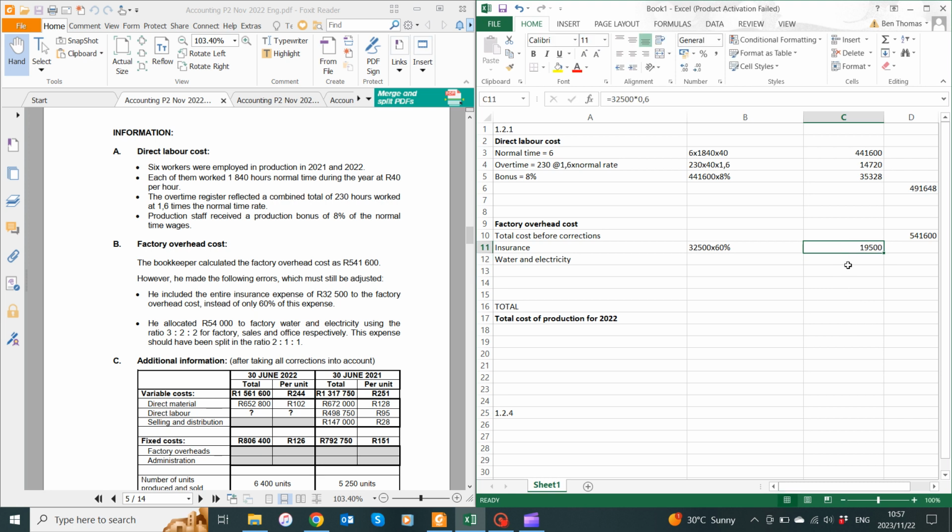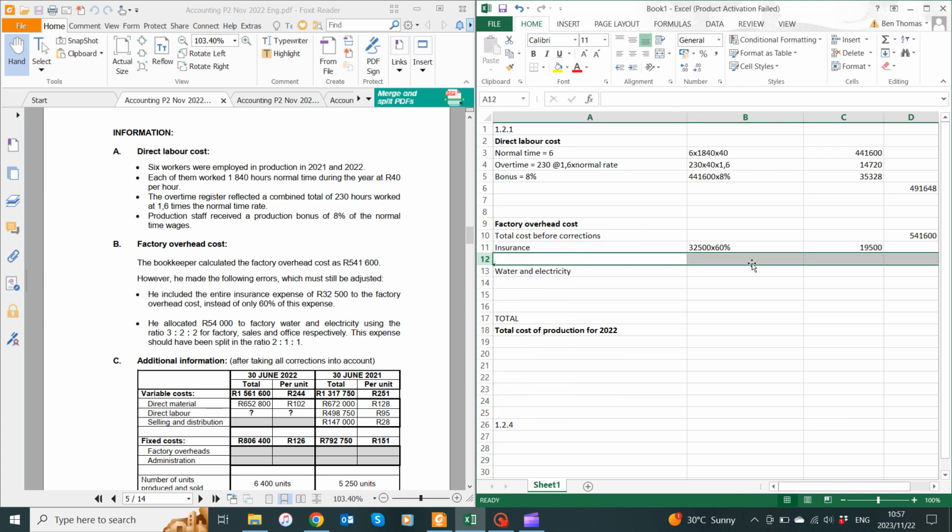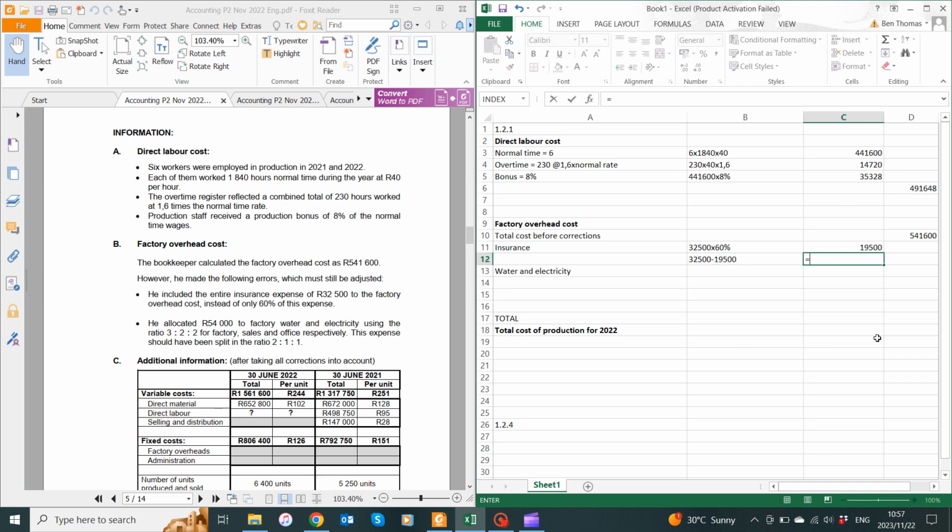What should have been allocated to factory overheads is 19,500. Instead, we allocated the total of 32,500. So what does that mean? It means the difference between the two figures actually has to be removed, because it's too much. So let's quickly see what this is.